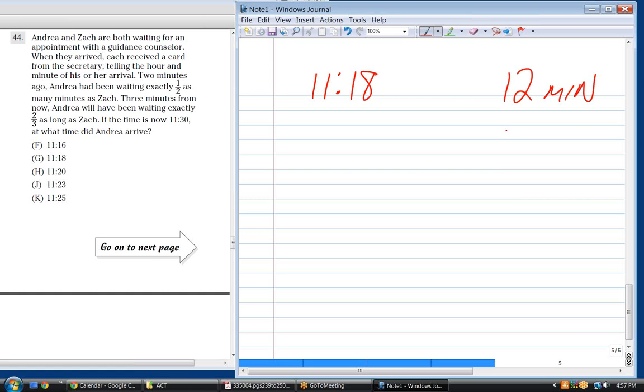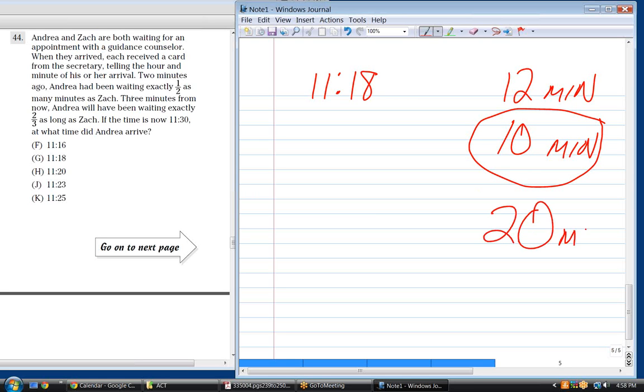So 2 minutes ago, Andrea would have been waiting 10 minutes. That's half as long as Zach would have been waiting. So Zach would have been waiting 20 minutes 2 minutes ago, which means Zach would have gotten here 22 minutes ago, or 11:08, since it's now 11:30.